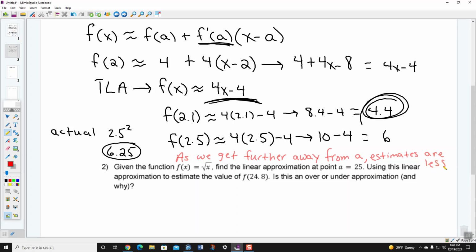Okay, so the further we get away from that A value, we're going to say estimates are going to be less accurate there. All right?